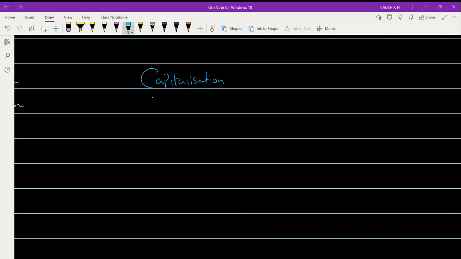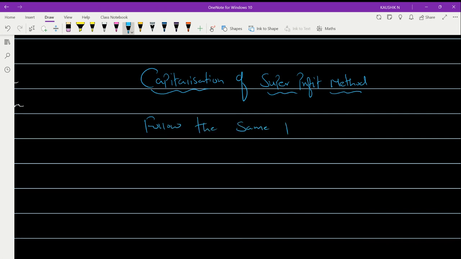For this, follow the same procedure as followed in super profit method.